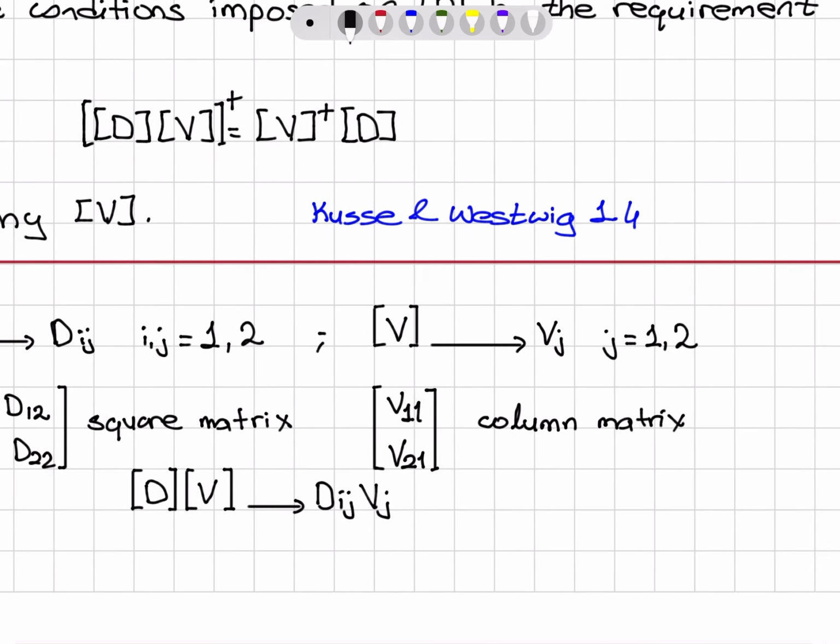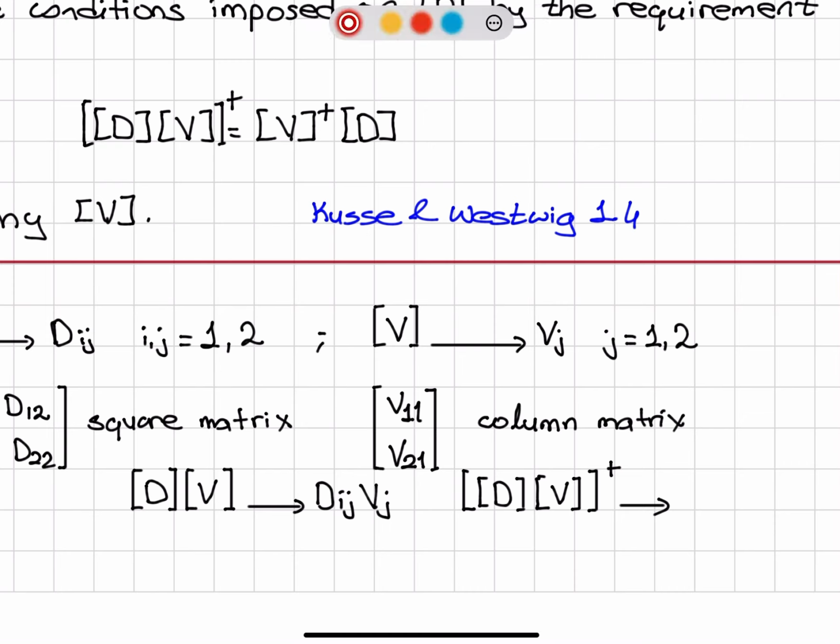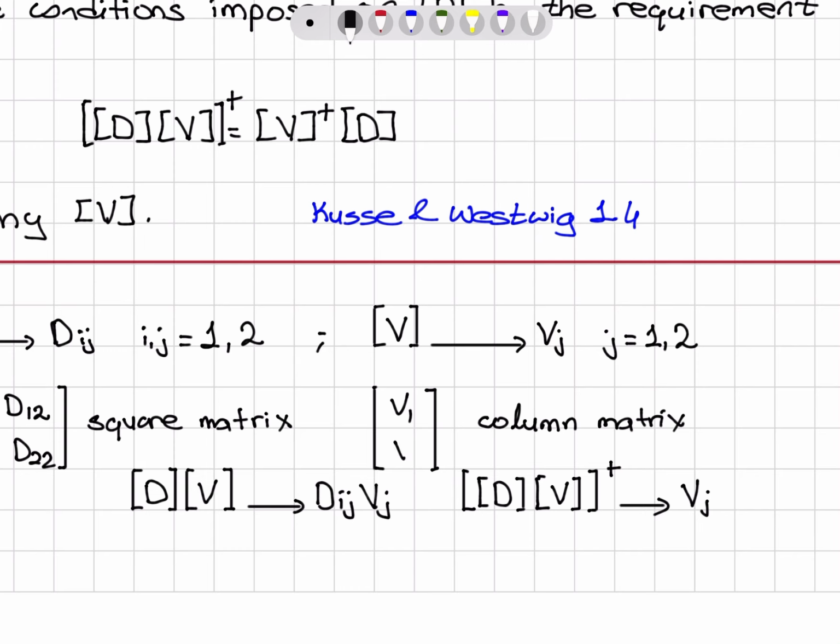And if I take the transpose of this, you have to switch the places of the rows and columns, so it will be Vj Dji, because i and j have switched places.